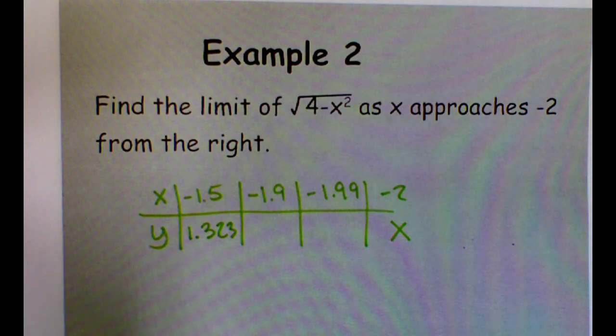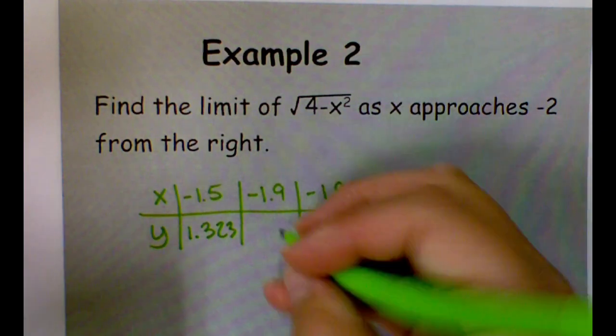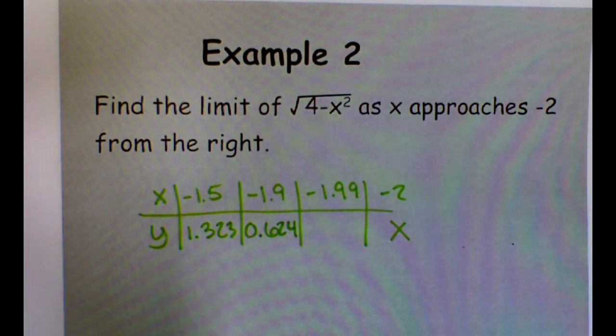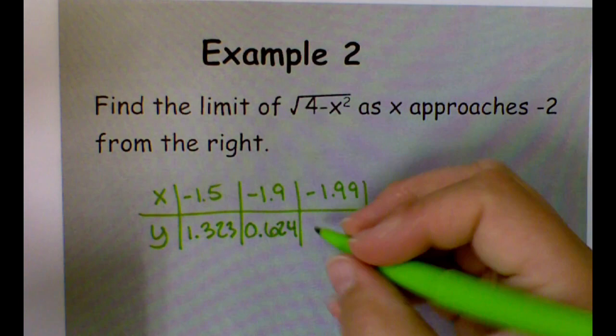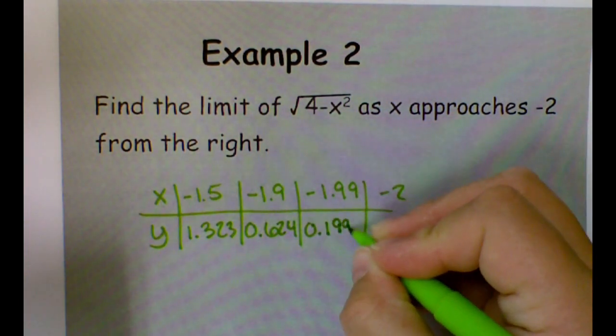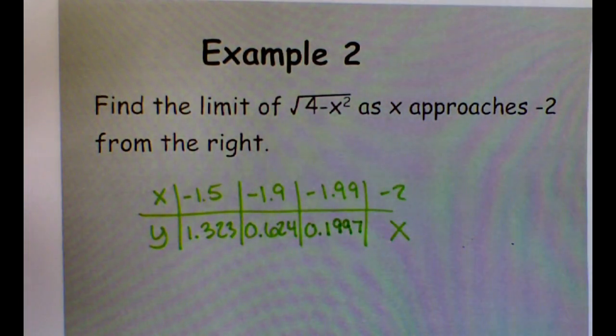Then change that to negative 1.9. I get 0.624. Make it negative 1.99. I get 0.1997. Looks like it's getting smaller, and I can't really tell what it's doing yet, so I'm going to try more values. Let's try negative 1.999.